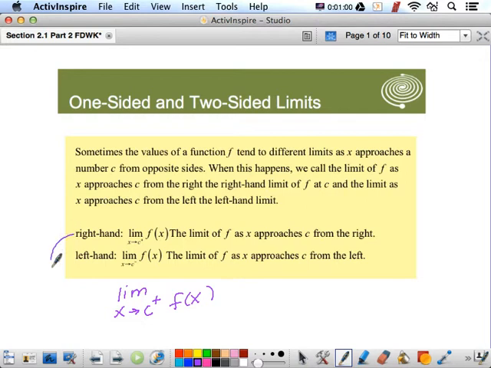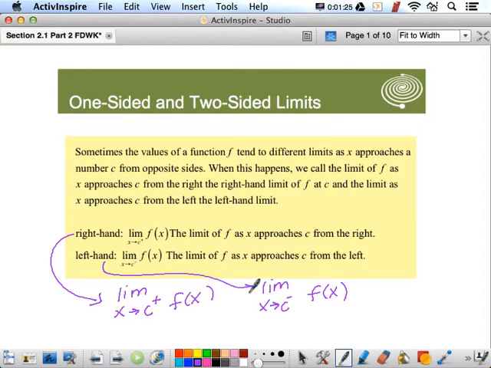So this guy is the right-hand limit. To indicate we would like the left-hand limit, or the limit from the left, we put a little minus sign as the exponent of your approaching number. That's called the left-hand limit.